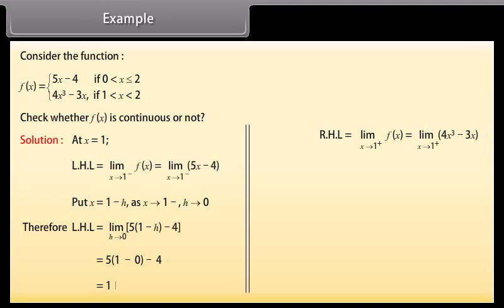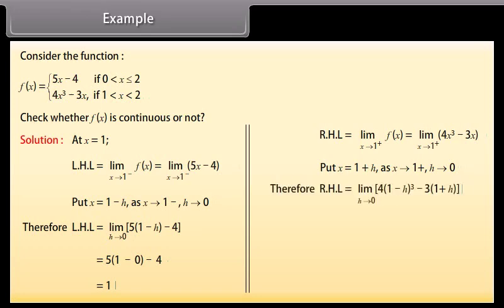Right-hand limit is equal to limit as x approaches 1 plus of f(x), which is equal to limit as x approaches 1 plus of 4x cube minus 3x. Put x = 1 plus h; as x approaches 1 plus, h approaches 0.